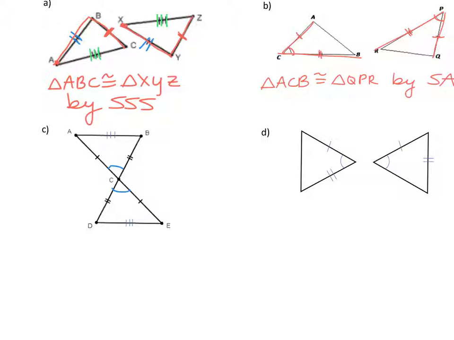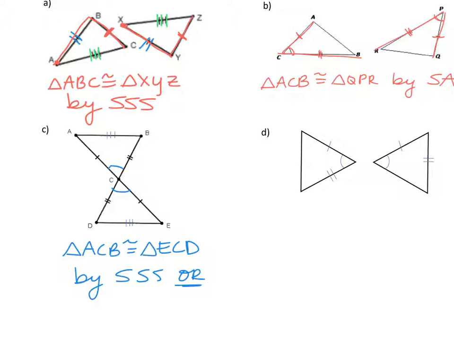We know they're congruent. So your options are to say triangle ACB congruent to what triangle? If I say ACB, then I need to say ECD. Okay, and you may either say by SSS or you may say by SAS since you have vertical angles there.